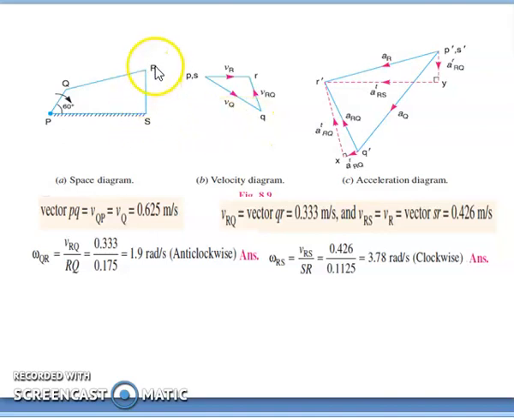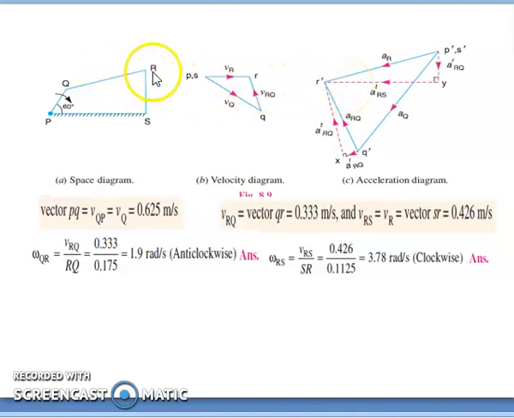Now, if you consider the point R with respect to S, the point R is going to rotate, so the velocity vector will be perpendicular to SR. From the point S, draw a vector perpendicular to SR. Along this line you will see the R vector.